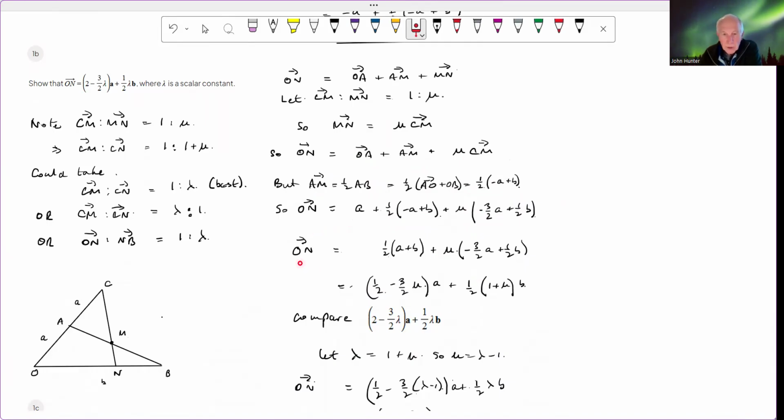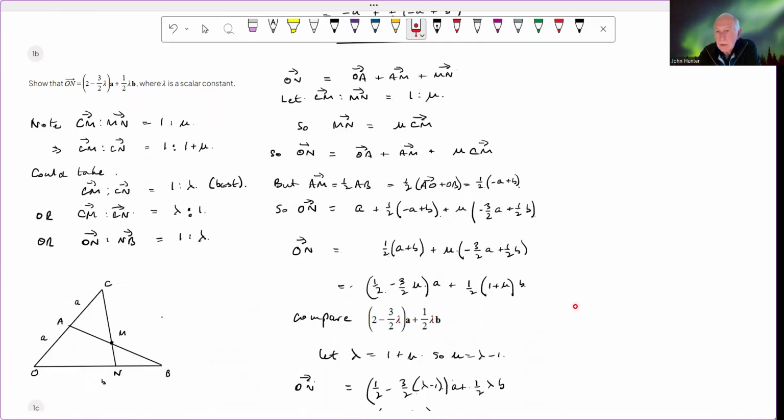So ON is equal to this. Now, if we rearrange this, so we've got all the a components together and the b components there, and we compare it to this, it's not the same.